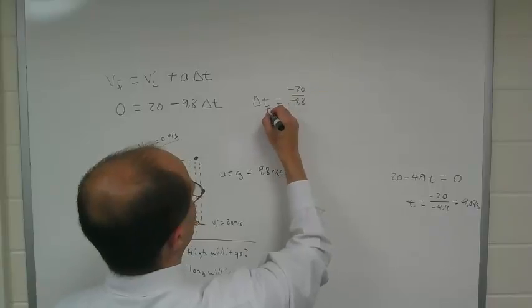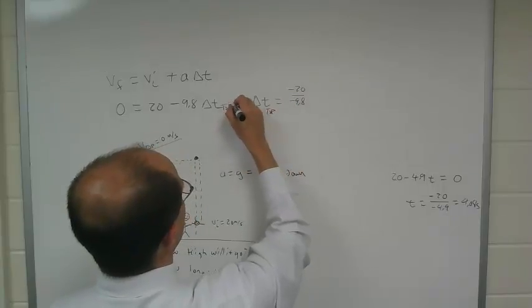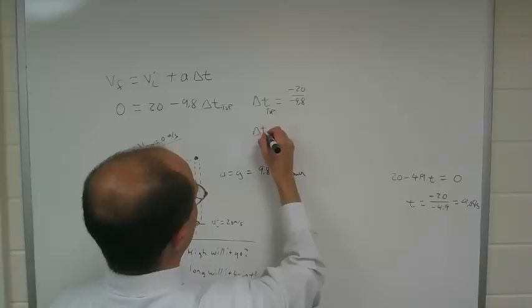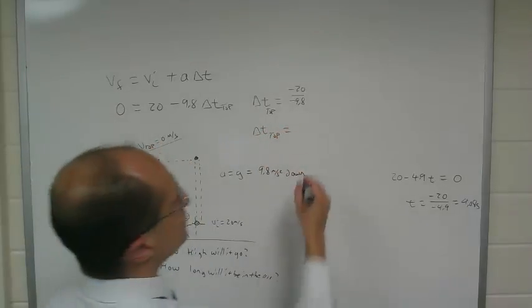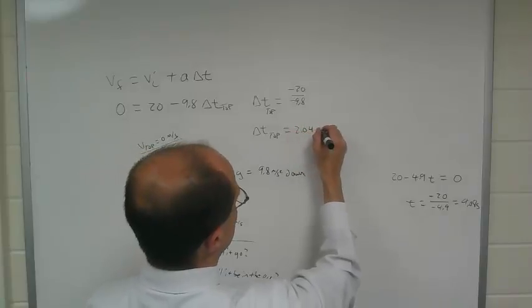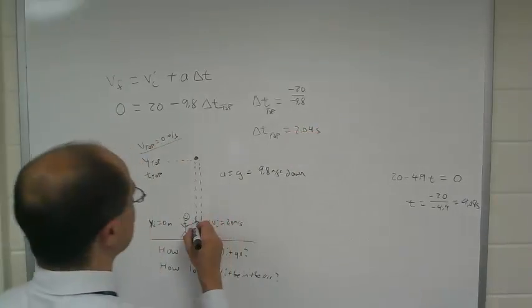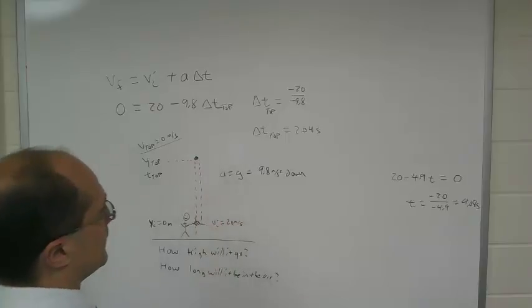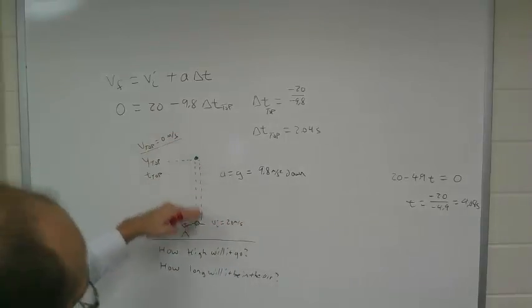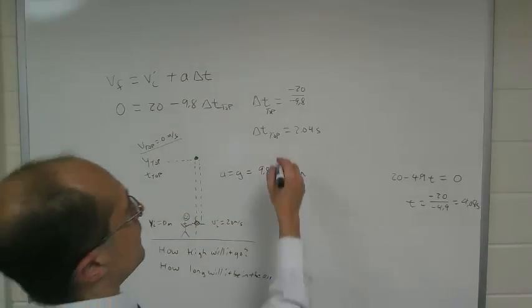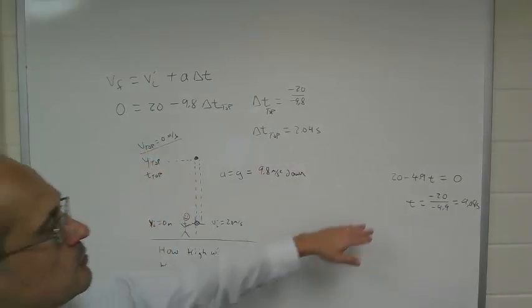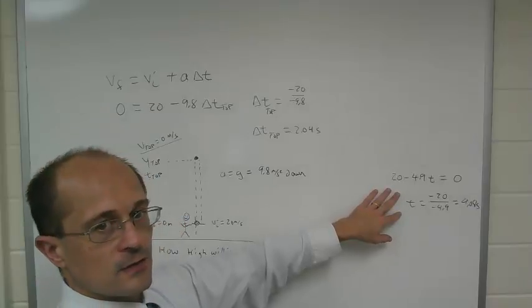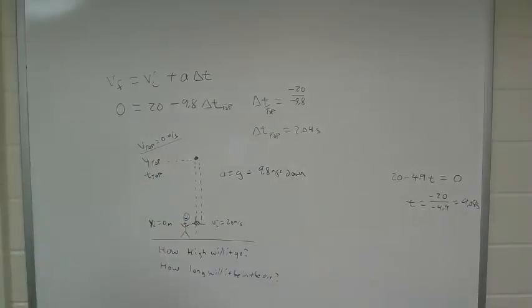And so this is delta t to the top, which is going to be 2.04 seconds. And so we know that the time up is equal to the time down because gravity works equally up and down on it. And so the total time then is 4.08 seconds. So our solution here is a good solution to our problem.